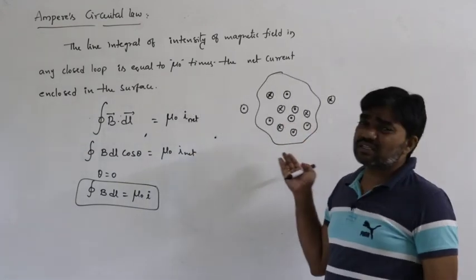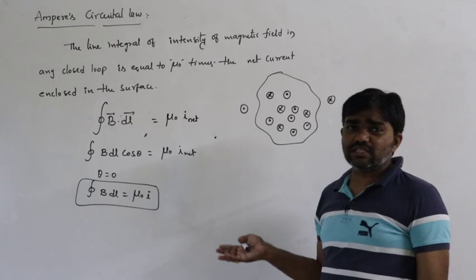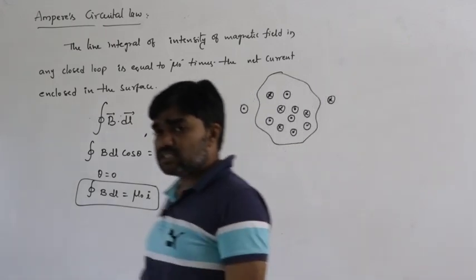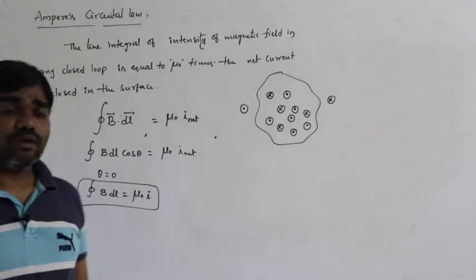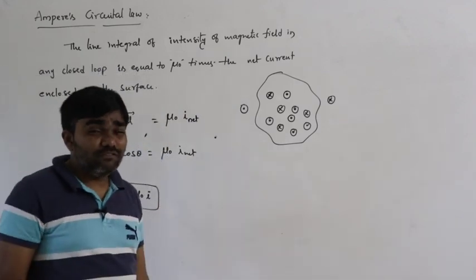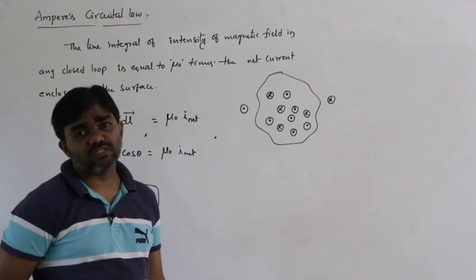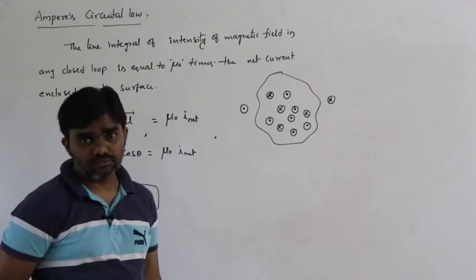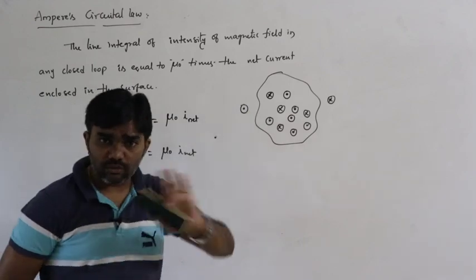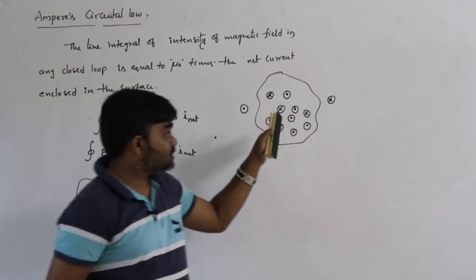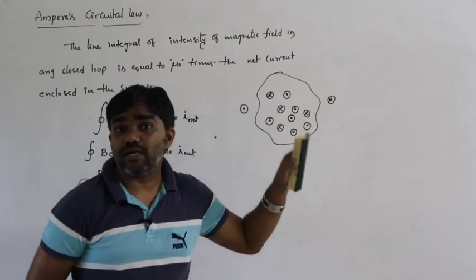So in this, which one is considered? Both outward currents and inward currents exist. Which one do we have to consider and which one not? Outside currents no need to consider, only the inside currents.